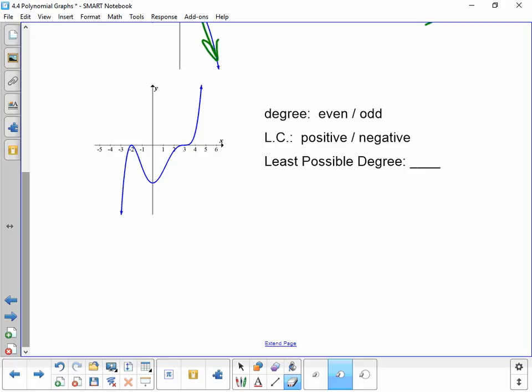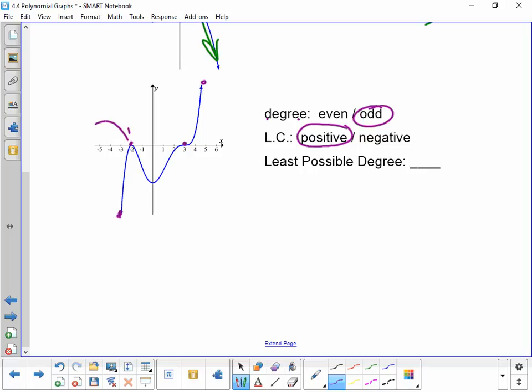If we're thinking about this function for the degree, the two ends are doing different things. I've got one up high and one down low, so it's odd. And overall, it starts low and goes high, so overall increasing, so positive. And the least possible degree, well, I can only see two intercepts, but the behavior of the graph tells me that there are some multiplicities here.